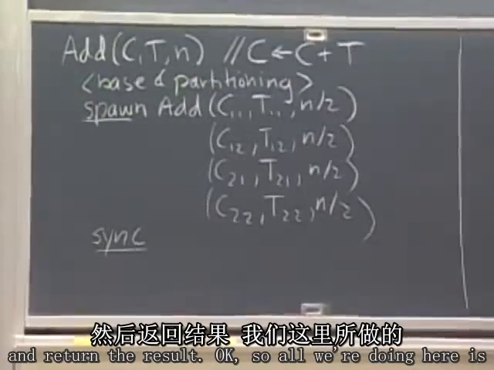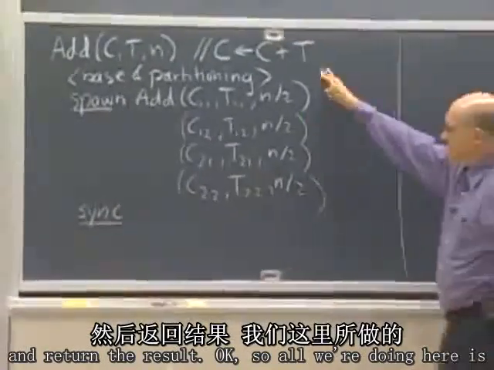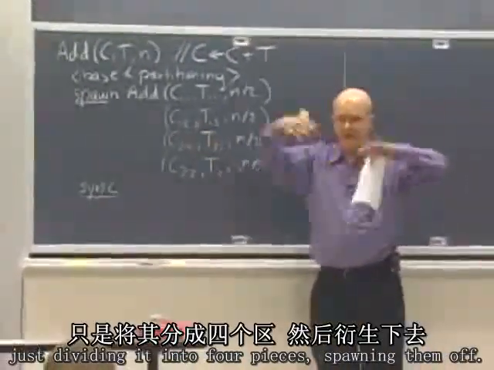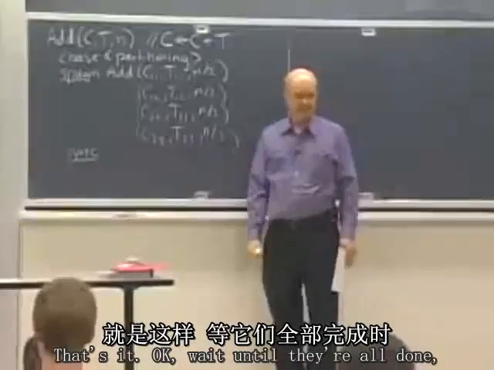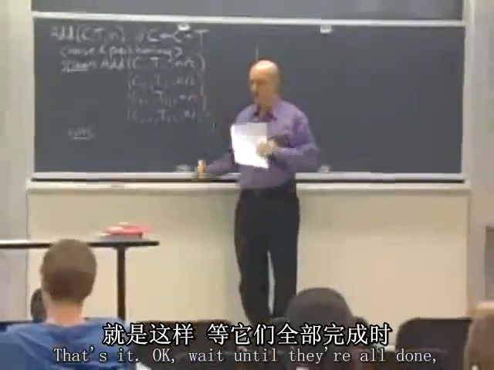Okay, so all we're doing here is just dividing it into 4 pieces, spawning them off. That's it. Okay, wait till they're all done, then we return with the result.